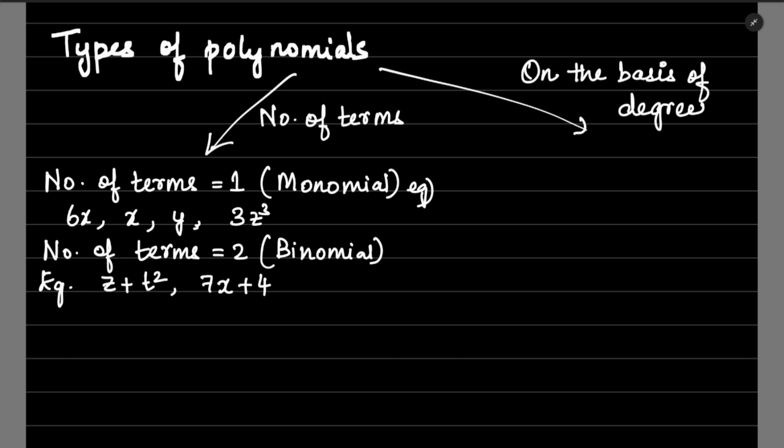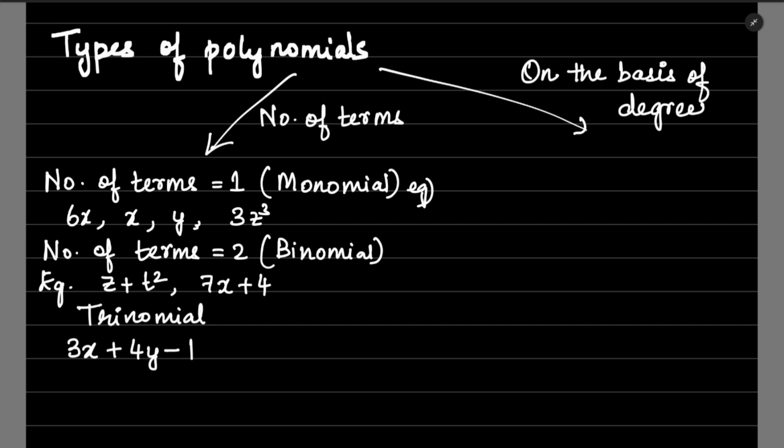And the last one is called a trinomial. Tri means 3. Let's see an example, say 3x plus 4y minus 1. This is a polynomial with 3 terms. So these are the types of polynomials based on the number of terms.